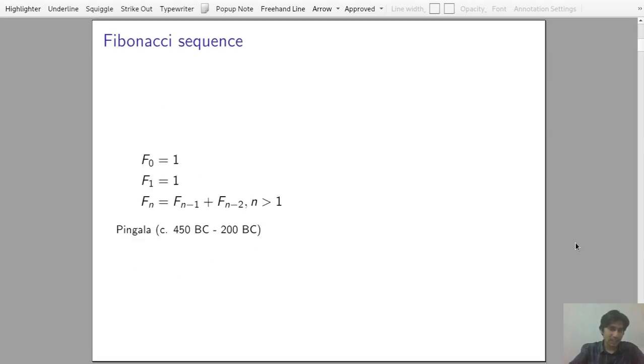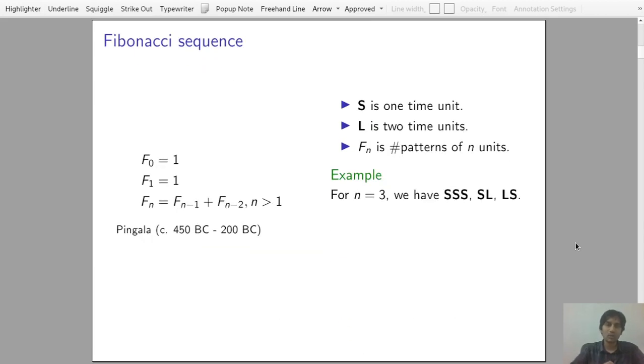The earliest historical record of this sequence of numbers is by Pingala, who used this sequence to count the number of patterns of n time units, where a pattern is composed of short syllables each of 1 time unit and long syllables each of 2 time units, and fn is exactly the number of patterns that will span n time units.